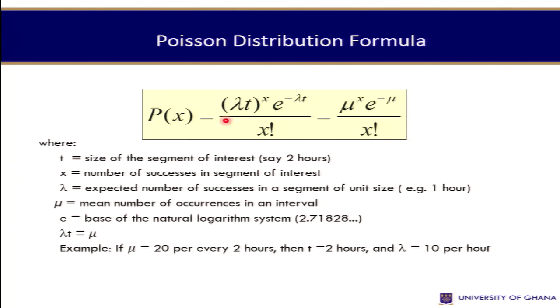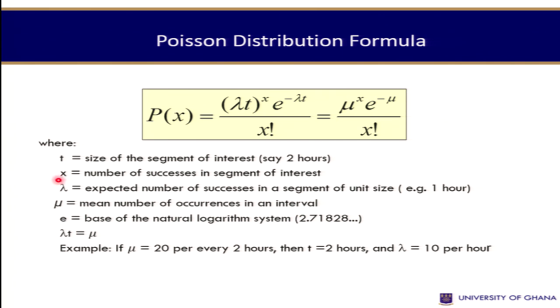Now this lambda t is the number of occurrences within a time interval t. In some situations, lambda t can be expressed as mu. So if you express lambda t as mu, you will have mu raised to the power x, times e to the negative mu, all over x factorial.